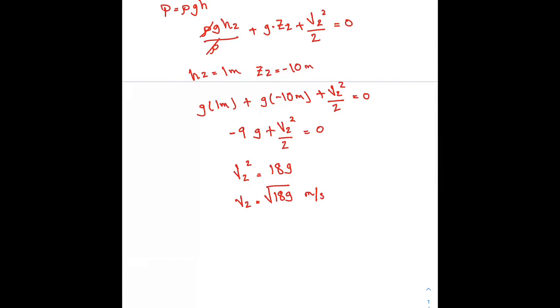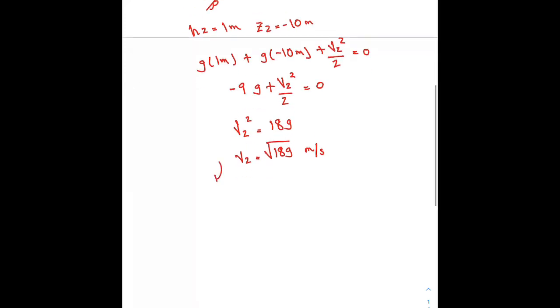And so now that we got the velocity, we can easily get the volumetric flow rate, because we know that the volumetric flow rate at 2, since we have the velocity at 2, will be V2 times the area of the flow. And we can get the area of the flow since we're given the diameter of our pipe.